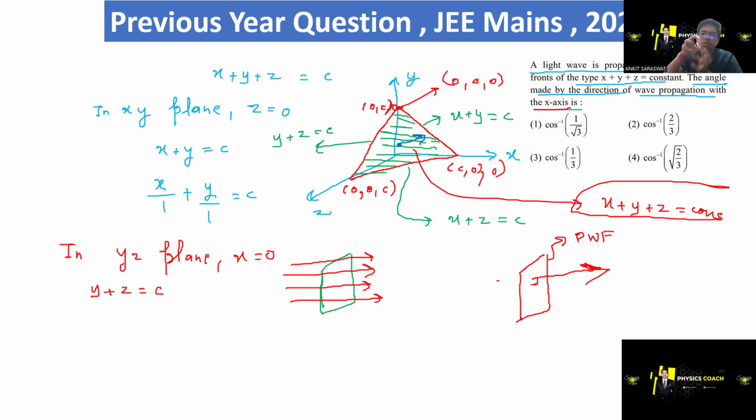So the direction of propagation is perpendicular to the wavefront, but we need to find how much angle it makes with the x-axis, y-axis, and z-axis. Clear? Understood? This is our question.